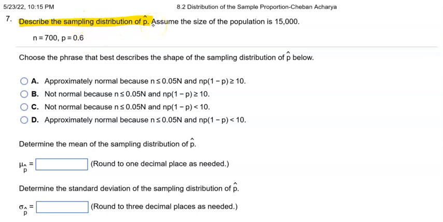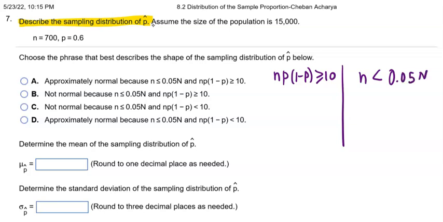The first criteria is np(1 minus p) greater than or equal to 10. The other criteria is n less than 0.05 of N. You could have less than or equal to. So let's verify. The lowercase n here is 700, p is 0.6, so 700 times 0.6 times (1 minus 0.6) is greater than or equal to 10.